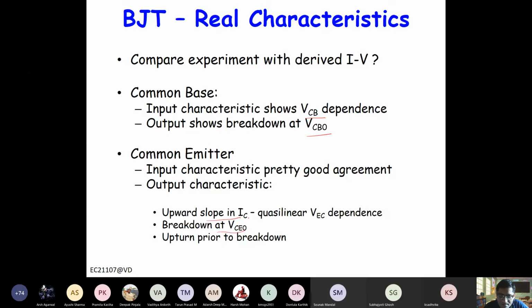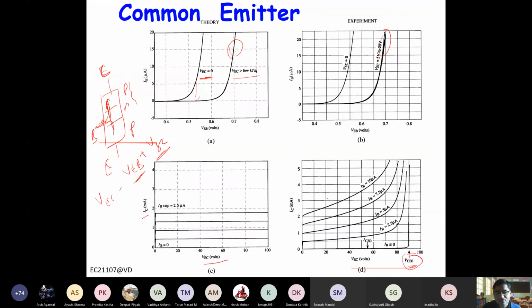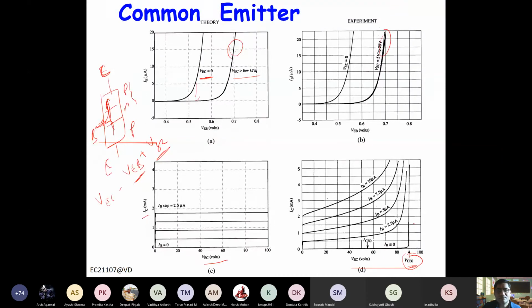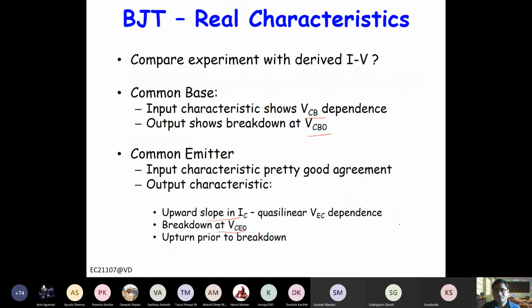Then at the breakdown, it basically increases, but that breakdown is not so sharp in the case of the emitter, right? In the case of VBC, it's fairly sharp, right? So these two things we will see. So let's go one by one.